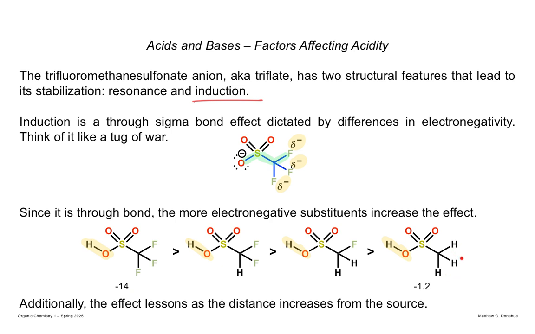If you just have H's, that pKa is -1.2. So if you think about substituting an H for F, then 2 F's, then 3 F's, the acidity is increasing. That demonstrates how the heteroatom fluorine increases acidity through induction.